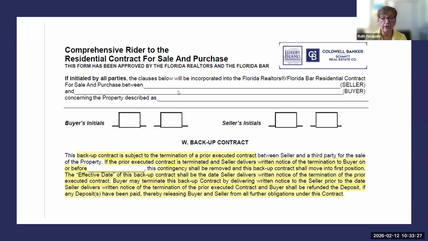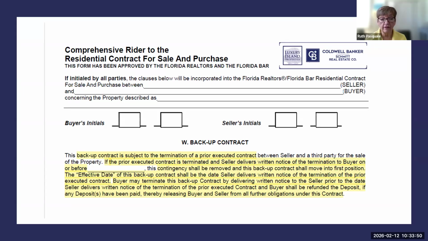This contingency shall be removed and this backup contract shall move into first position when the seller delivers a written notice of termination of the primary contract to the buyer. And that has to be a release and cancellation for that contract.